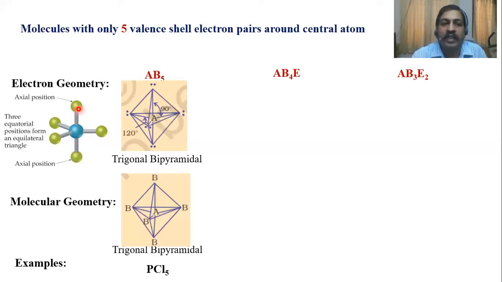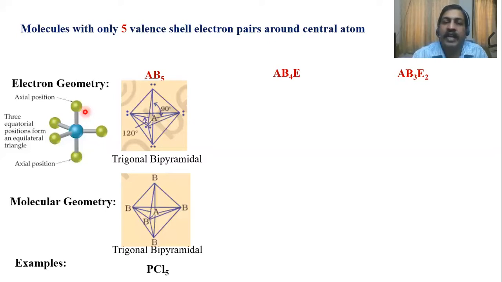Now the three equatorial positions are directed towards the three corners of an equilateral triangle. Also, the axial positions are perpendicular to the equatorial positions. So an axial electron pair is perpendicular to an equatorial electron pair.